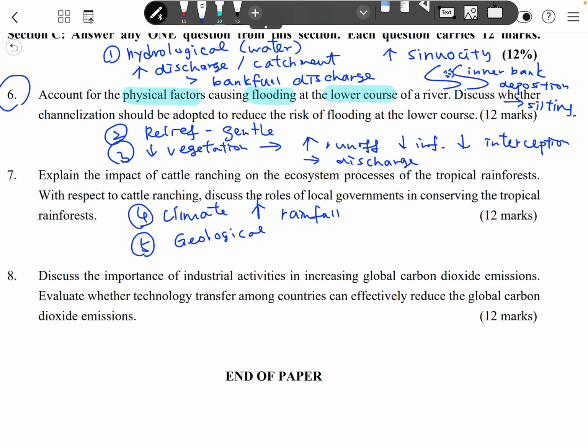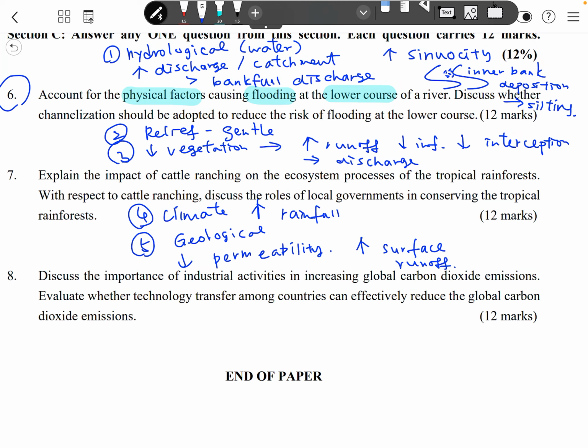If the rocks have low permeability, or we call it no permeability, they will have more surface runoff. So it is easy to have flooding at the lower course.